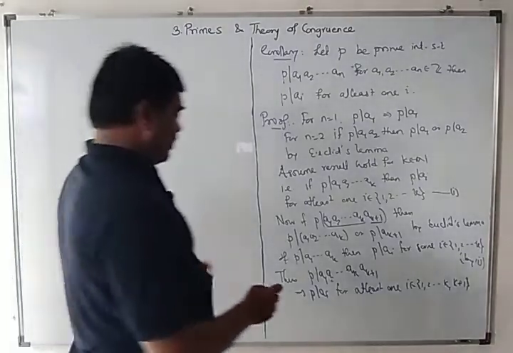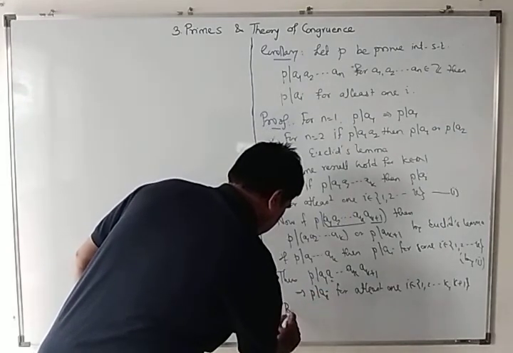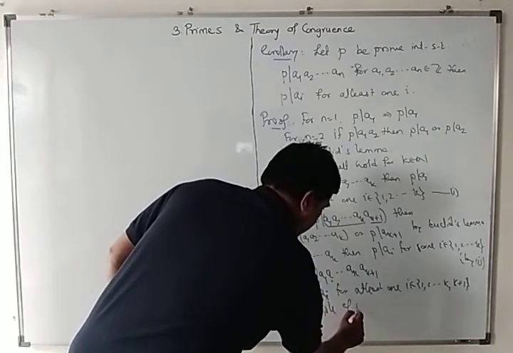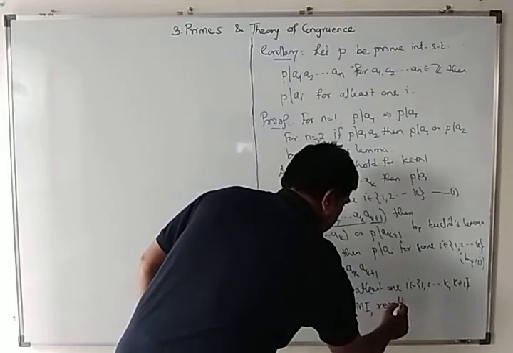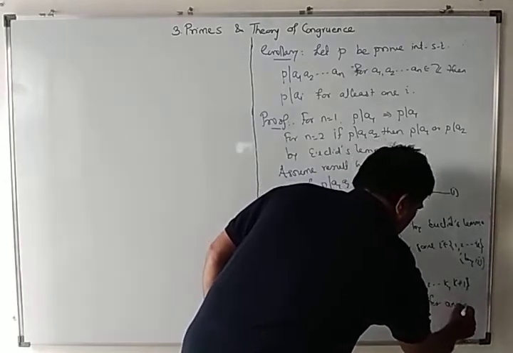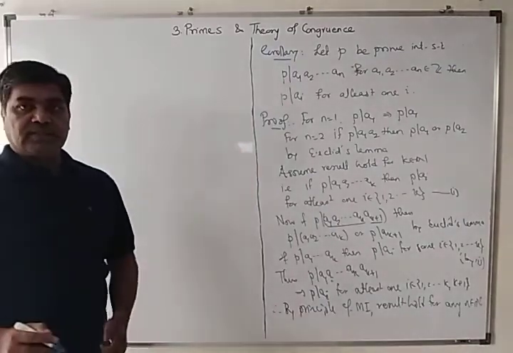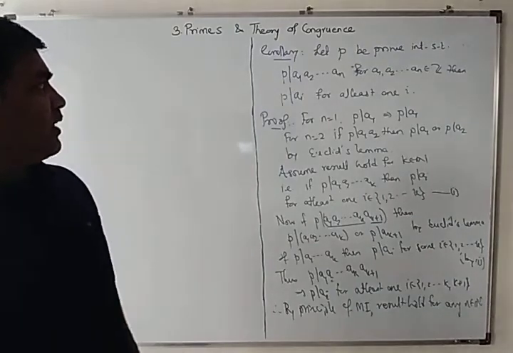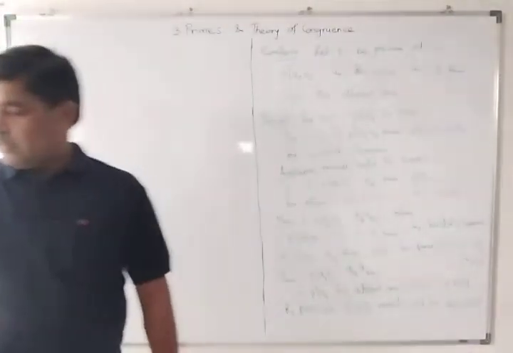Therefore, by principle of mathematical induction, the result holds for any n belonging to N. That is, if P divides the product of n integers and P is prime, then P must divide one of them, at least one of them.